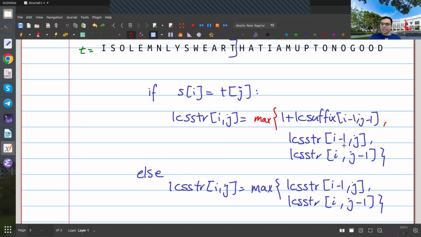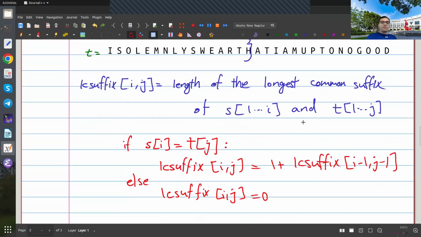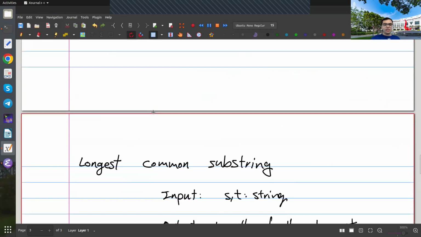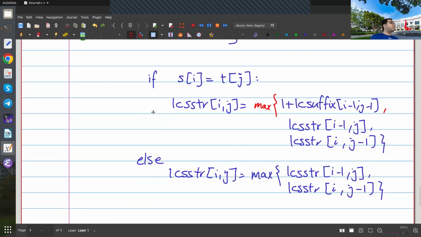So this is a nice example because you see that we have now defined two kind of intertwined dynamic programming variables. So I want to find the longest common substring, but in order to find it, I'm also using the longest common suffix. But then I already had a different way of computing the longest common suffix. So I first compute the suffixes, and then I use that to compute this.